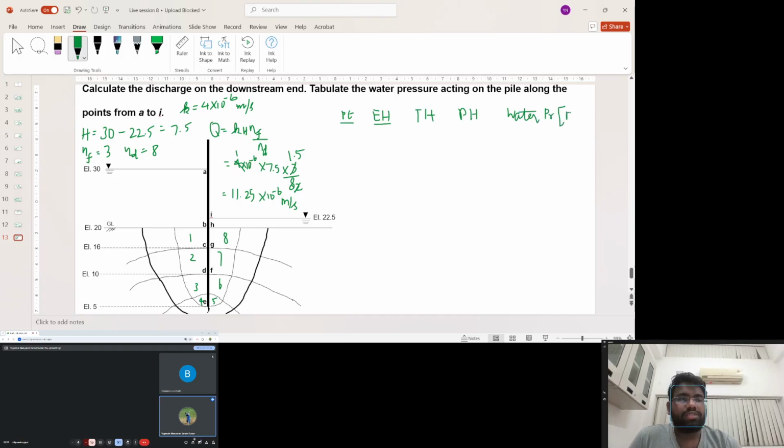Water pressure is defined as pressure head into gamma W. Gamma W can be taken as 10 kilonewton per meter cube. Alright. So this is the table which we are going to fill.